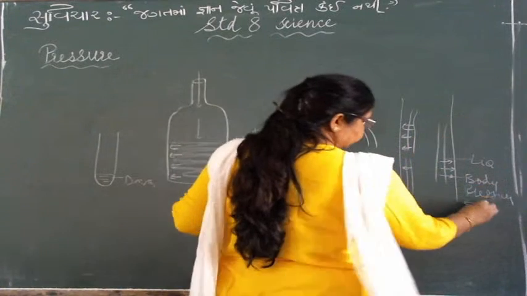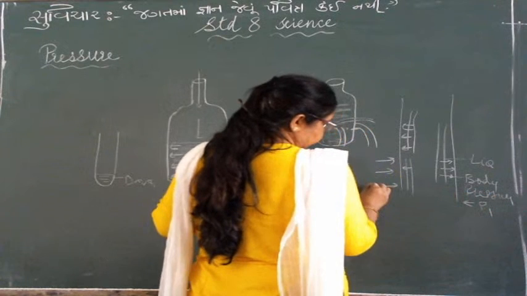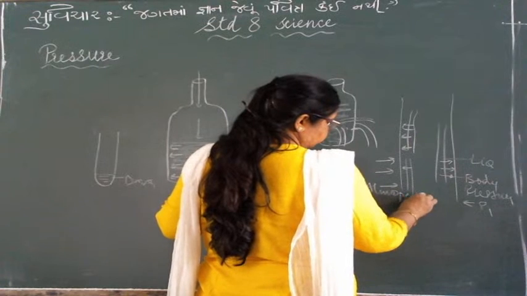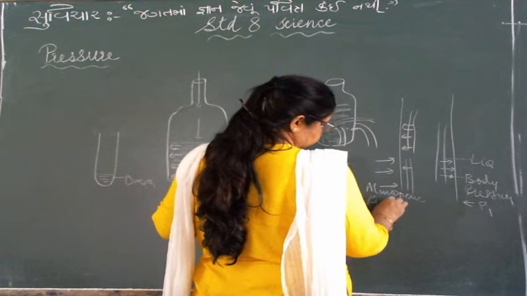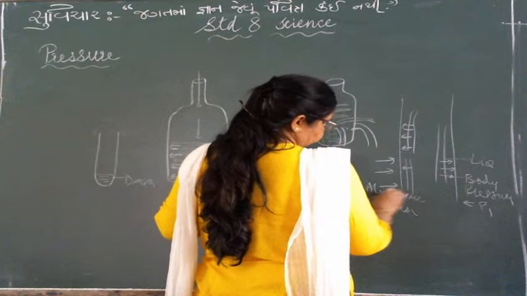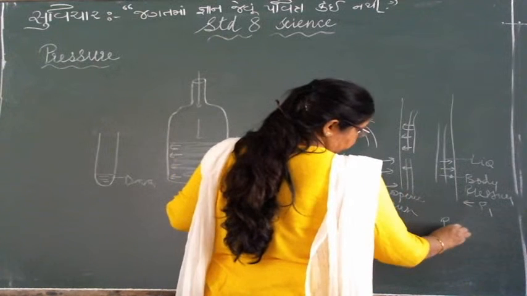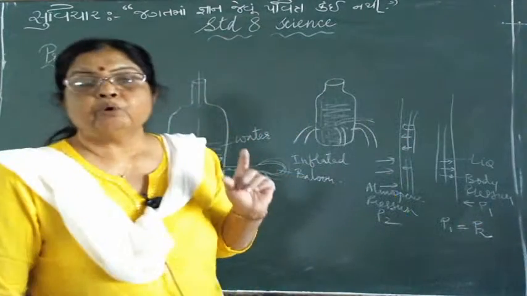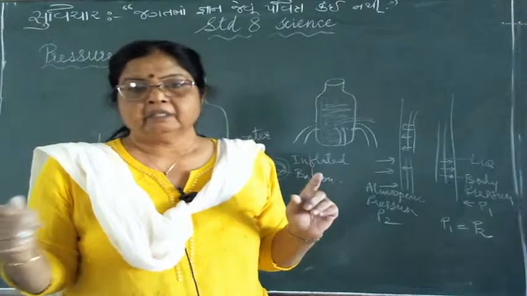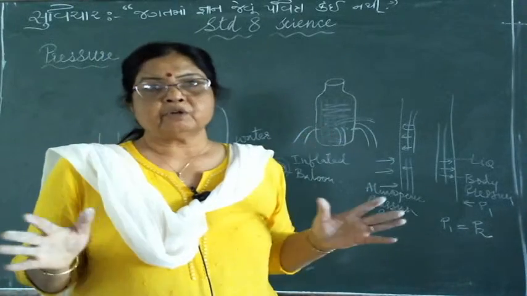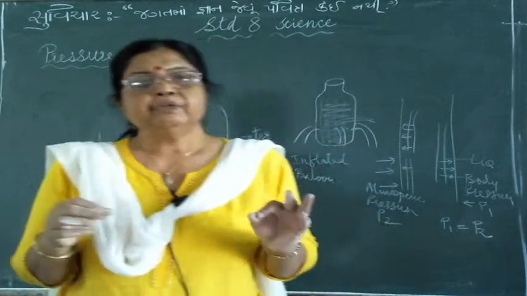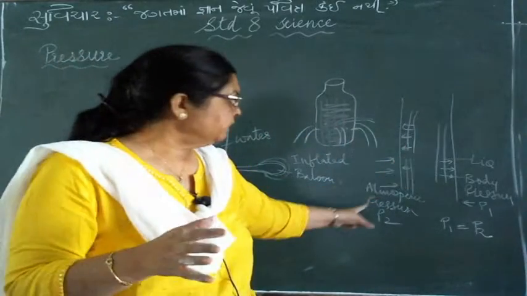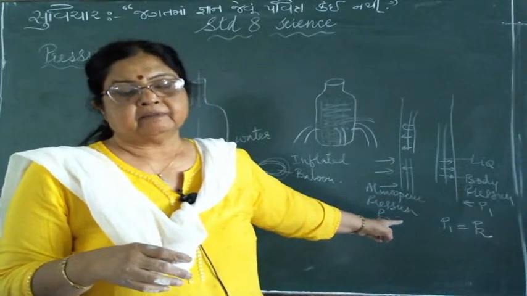Suppose I call body pressure P1 and atmospheric pressure P2. Then P1 is equal to P2. That is why we do not get crushed. Though we have so much pressure, we do not get crushed because the pressure is equal in the opposite direction.